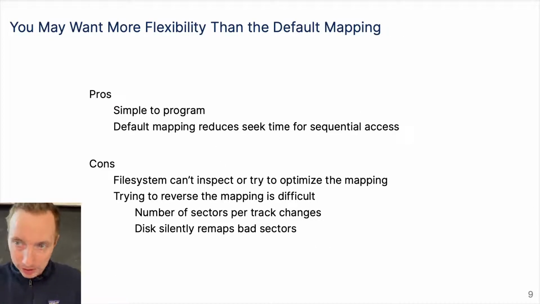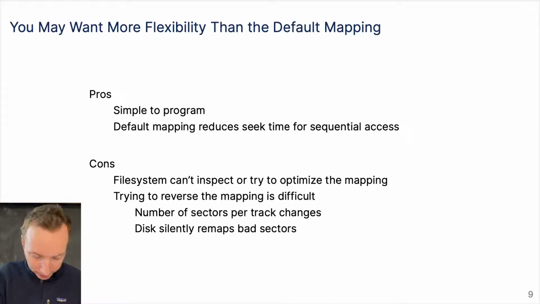But you may want some more flexibility, so that's really simple to program. You just try and access things in order. It tries to reduce the seek time for sequential accesses as much as possible. But if you are the kernel controlling the file system, you can't inspect or optimize anything because you'll have no idea. Maybe you want to be absolutely sure that you don't change tracks. Well, with just this default mapping, you have no idea because you essentially have just one dimension.